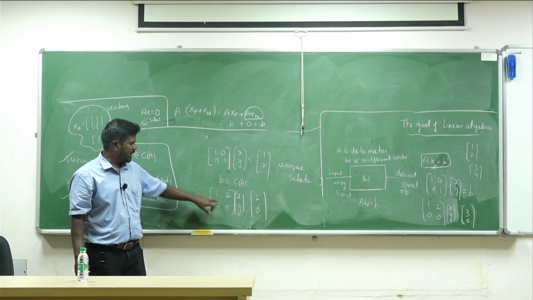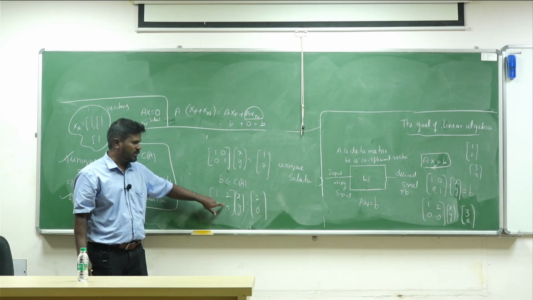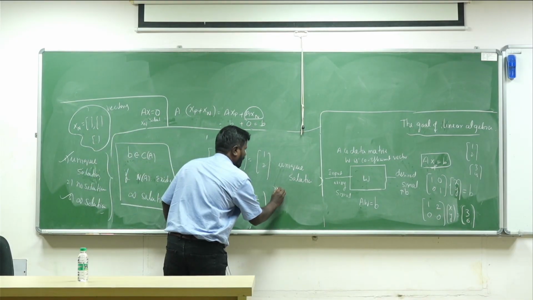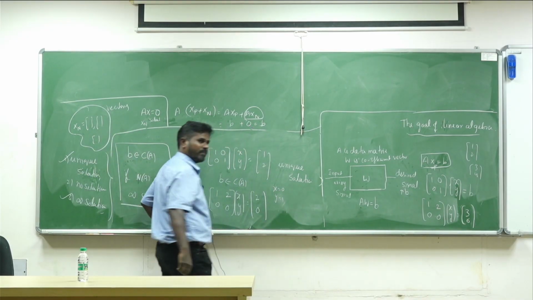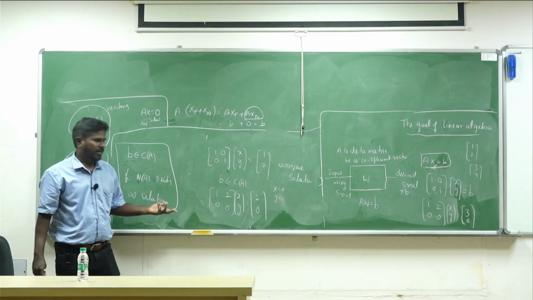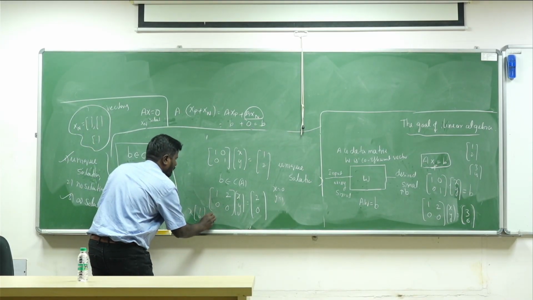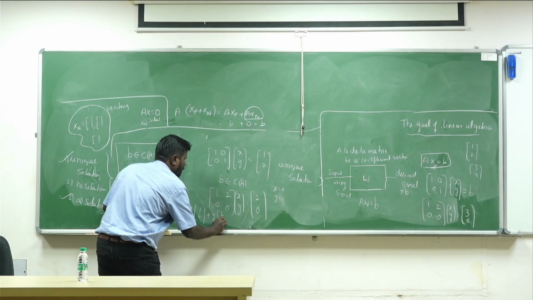x into this, y into this. If x equal to 0, y equal to 1, then how do you write this? You can write it as x into (1, 0) plus y into (2, 0).